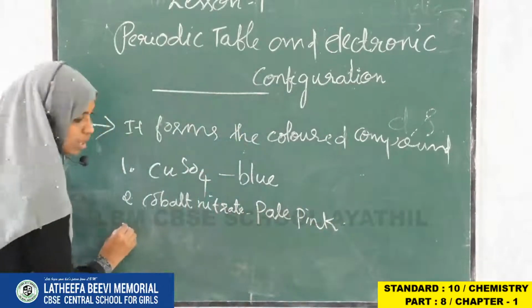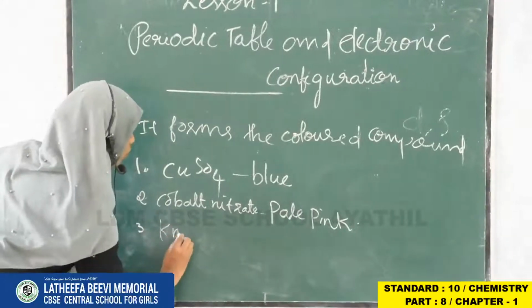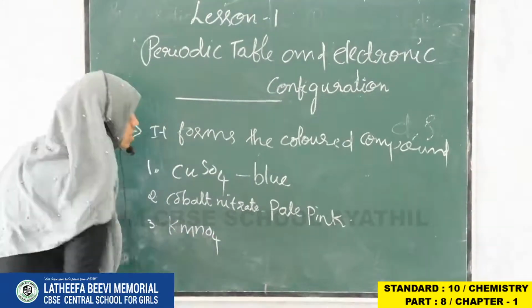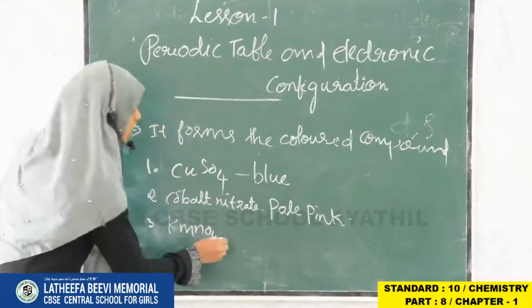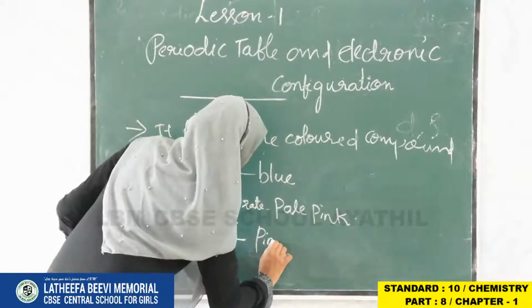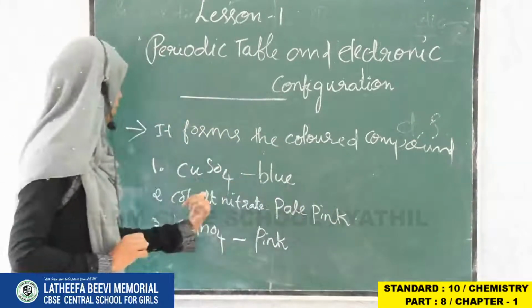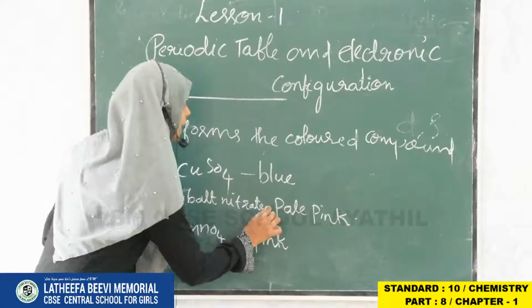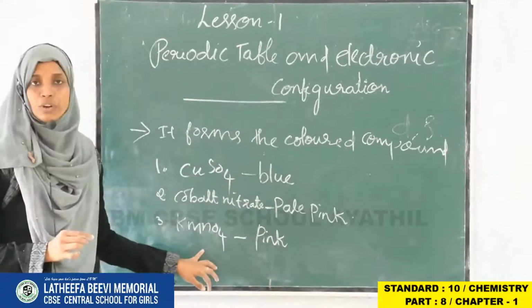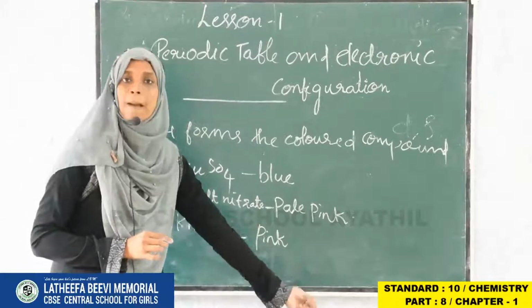And another one is potassium permanganate, KMnO4. Potassium permanganate shows which color? Pink color. Cobalt nitrate shows pale pink, and KMnO4 means potassium permanganate, which shows pink color.